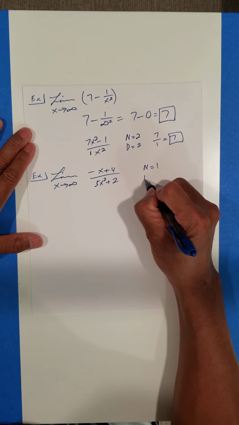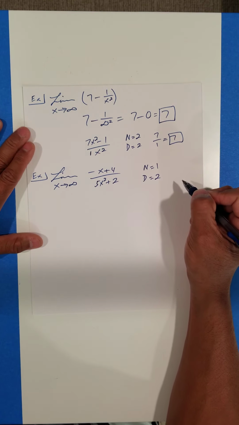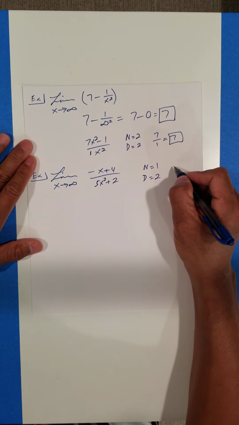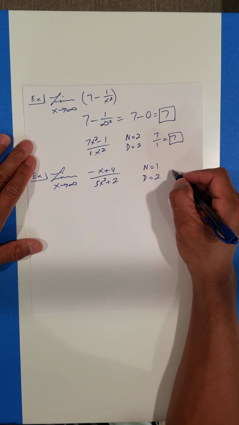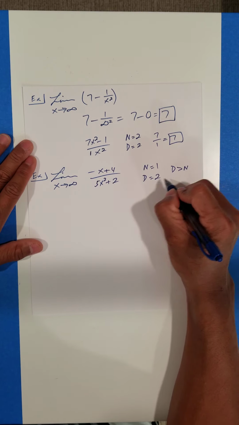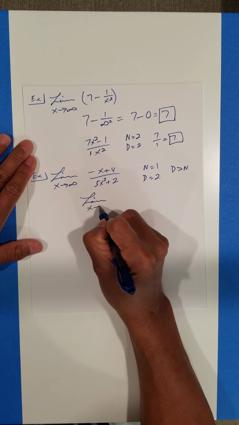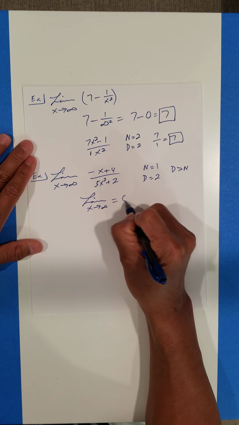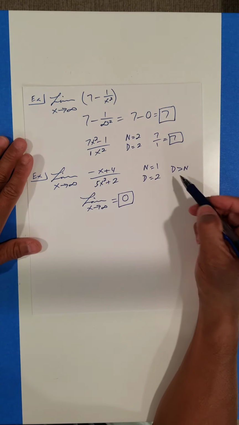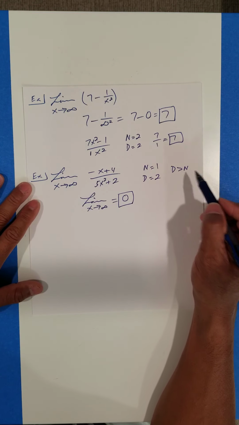Okay, degree of the denominator. The degree of the denominator is 2. Okay, so in this case, the denominator is bigger than numerator. So my limit as x goes to infinity equals 0. When the denominator degree is bigger than numerator degree.